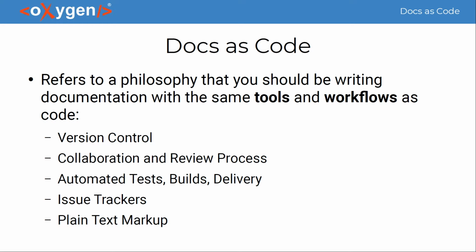This means that you should use a version control, have collaboration and review processes on your documentation, automated test, builds, delivery, to use issue tracking to track everything that you change in the documentation, and to have a plain text markup, because this is related with the version control system, which plays nice with a text markup.